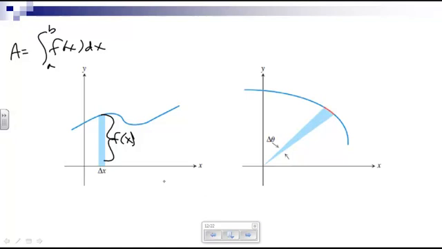But polar coordinates are different. Our independent variable now is theta, and we imagine sweeping with pieces of theta. The pieces of theta look like pie slices.